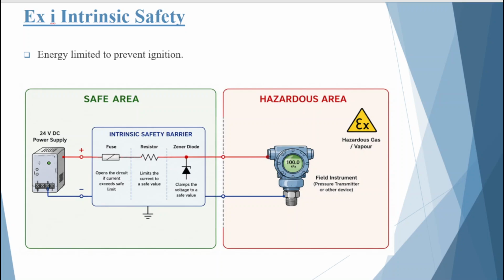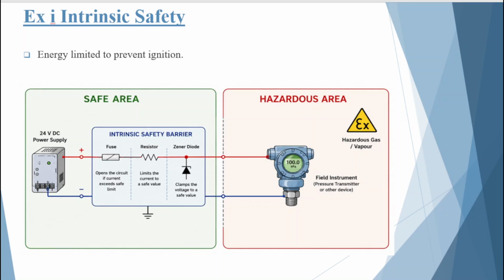The next explosion protection technique is XI, intrinsic safety. Unlike XD, which contains an explosion, or XE, which prevents sparks through improved design, XI works by limiting the electrical energy available in the circuit. The principle is very simple.